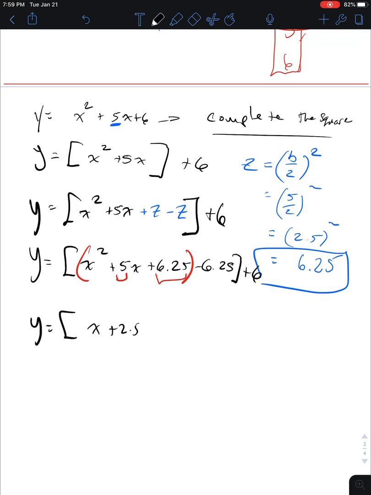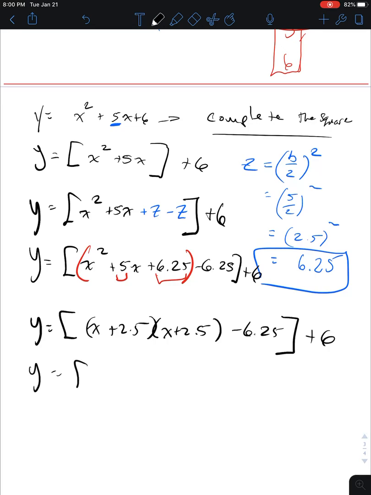You're going to go, okay, y is equal to x plus 2.5 times x plus 2.5, and those are multiplied together, and then minus 6.25, because that's inside the square bracket, and then plus 6 on the end.